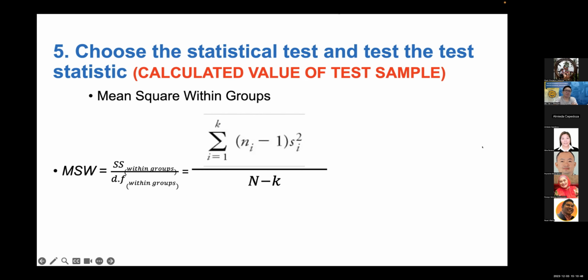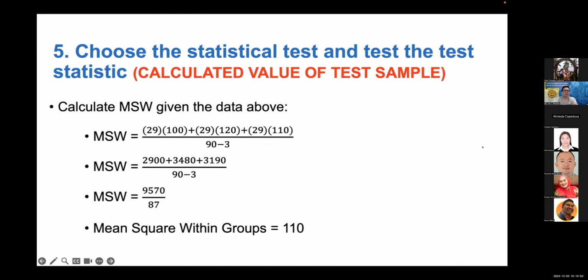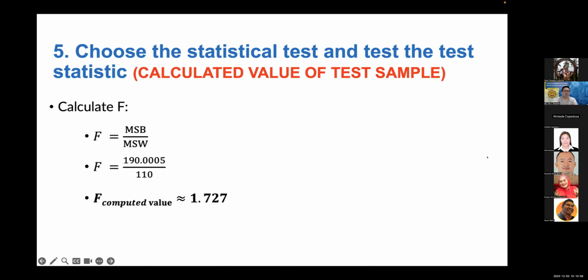Here is the formula, and if we substitute the given data, we get 110. Now to calculate our F, we substitute the values using the formula MSB over MSW, which gives us a value of 1.727.